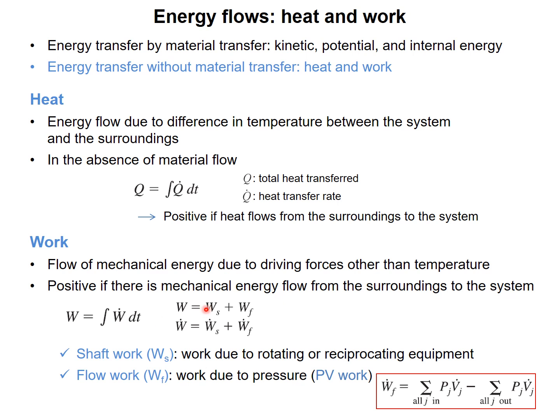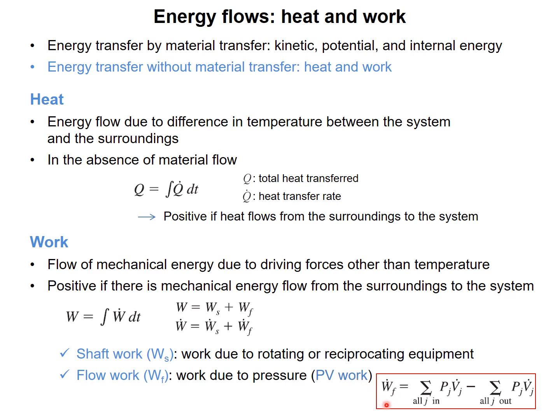And work is split into two types of works. The first one is shaft work, S for shaft, plus flow work, F for flow. The shaft work is the work due to rotating or reciprocating equipment, like a stirrer or something. Flow work is the work due to pressure, so it could be considered as the PV work.